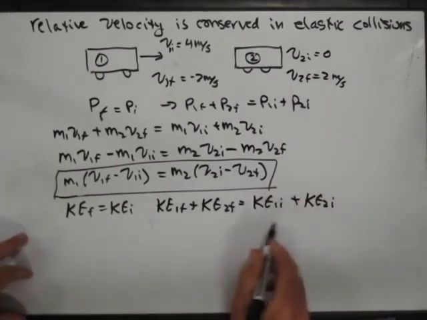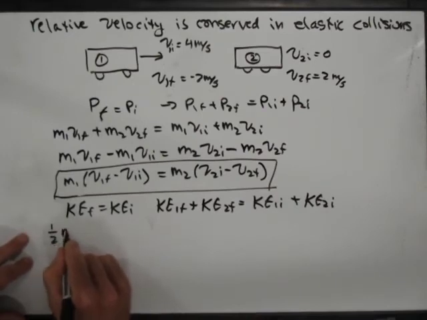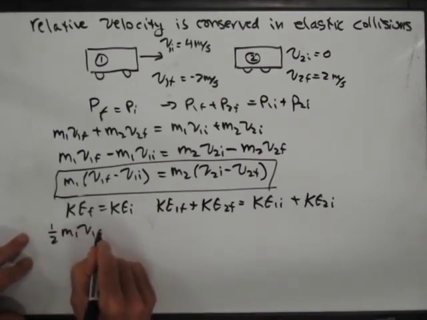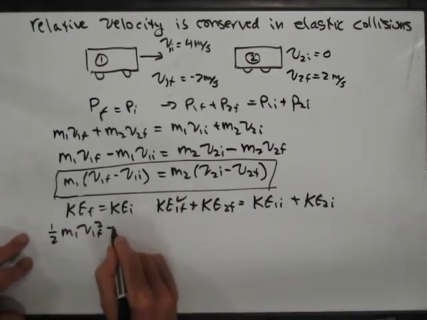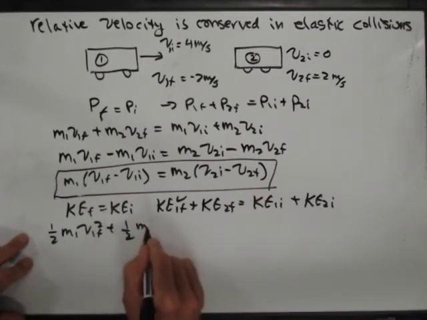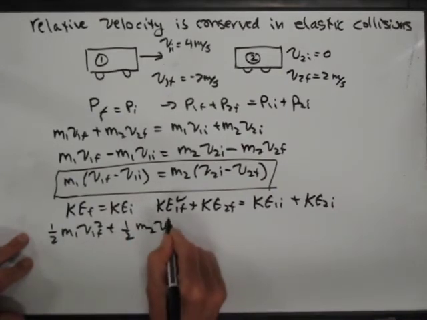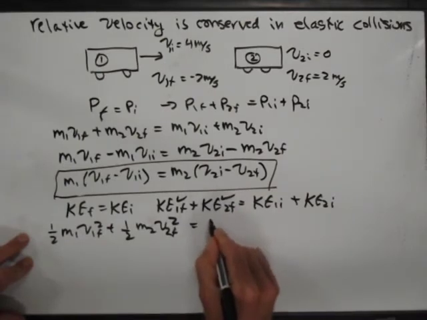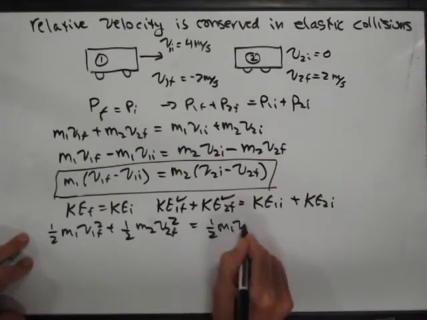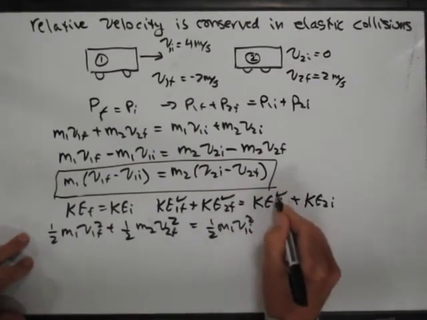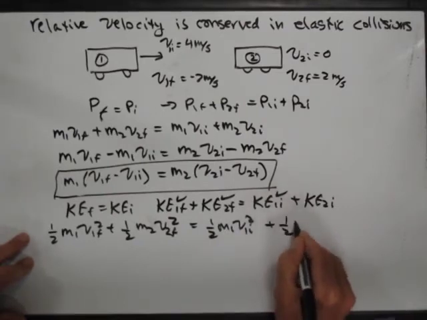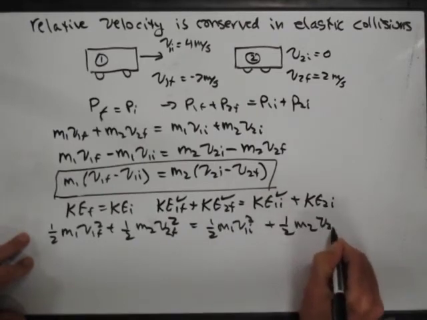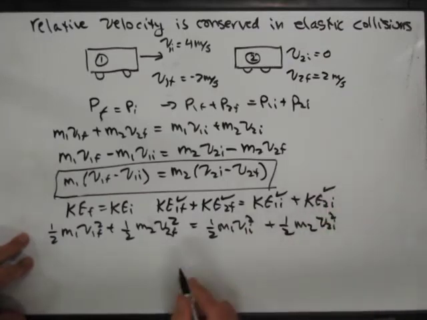And then I'm just going to write those things out. So I get 1/2 M1 V1 final squared, that's this guy, plus 1/2 M2 V2 final squared, that's this guy, equals 1/2 M1 V1 initial squared, that's this guy, plus 1/2 M2 V2 initial squared, that's this guy.